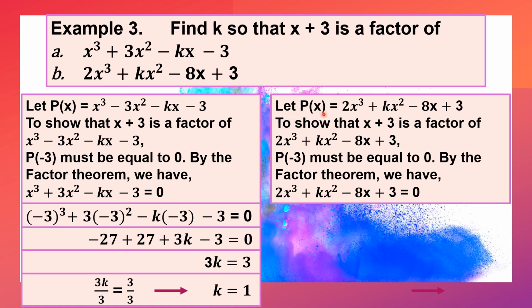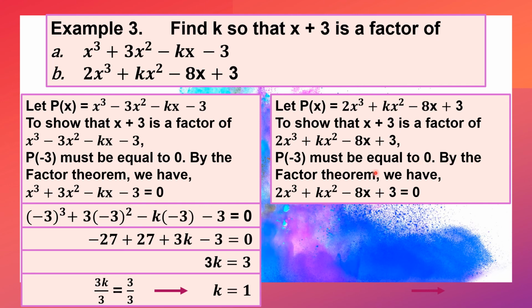Let P of x equal 2x cubed plus kx squared minus 8x plus 3. Again, to show that x plus 3 is a factor of 2x cubed plus kx squared minus 8x plus 3, our P of negative 3 must be equal to 0.